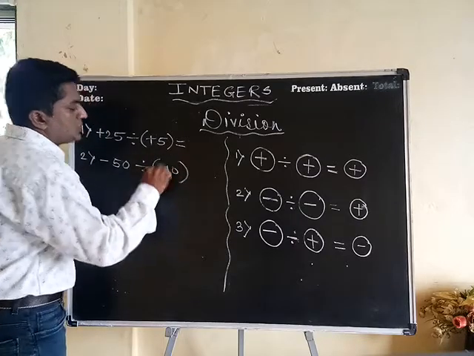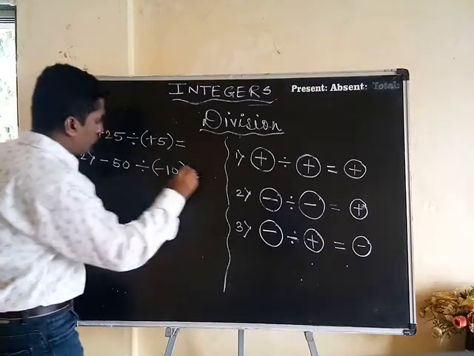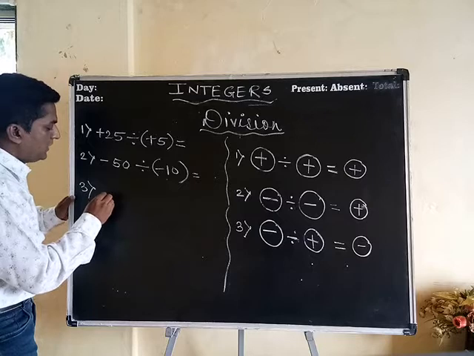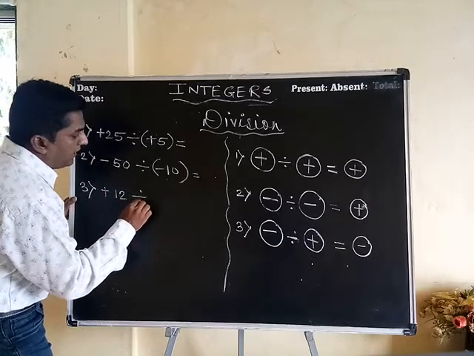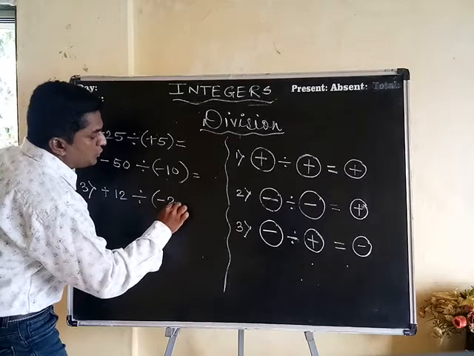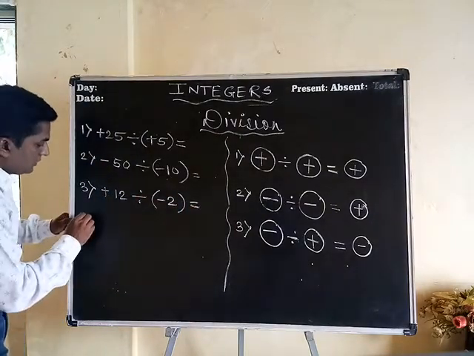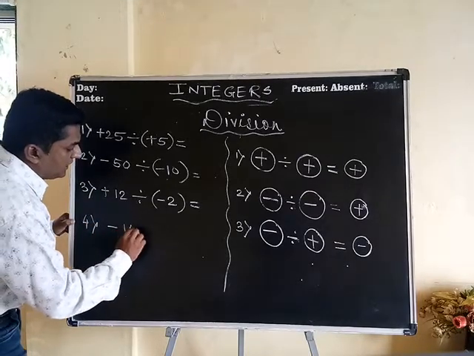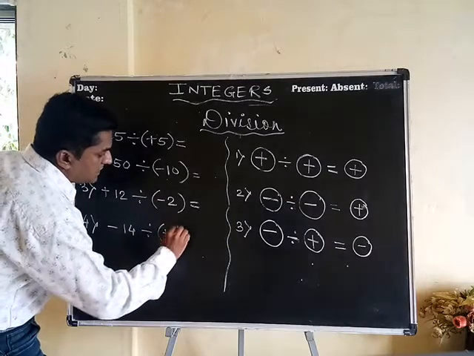Again I am going to separate it with the help of this bracket, is equal to. My third sum will be positive 12 is divided by negative 2. Here I have taken opposite signs. And the fourth one will be negative 14 is being divided by positive 7.